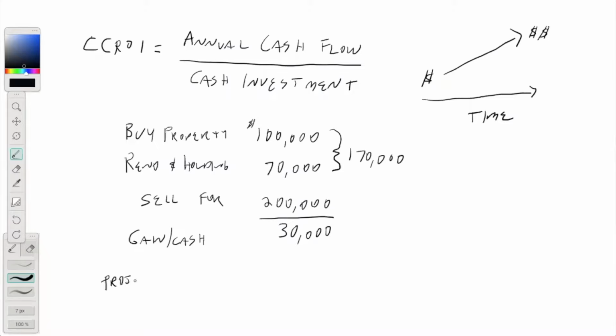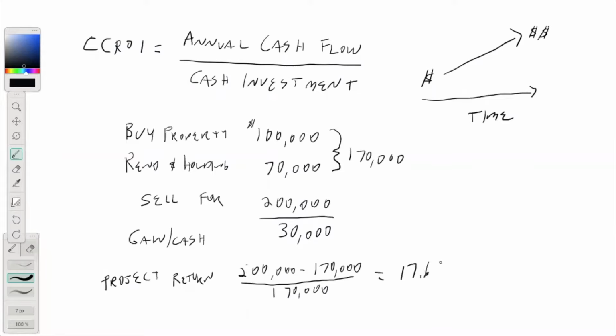So in this case, our project return, so our $200,000 selling price minus our $170,000 is what it costs us to acquire it and get it ready for sale, divided by the $170,000 we invested, equals a 17.6% return. Again, that's the $30,000 divided by the $170,000 investment.